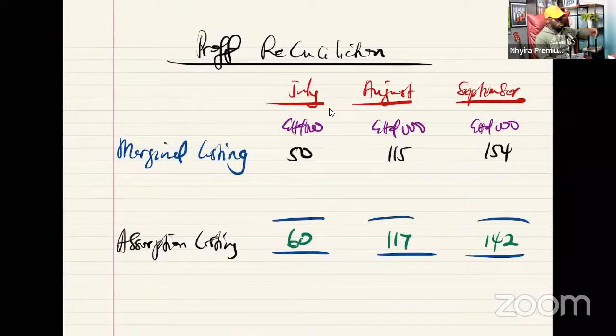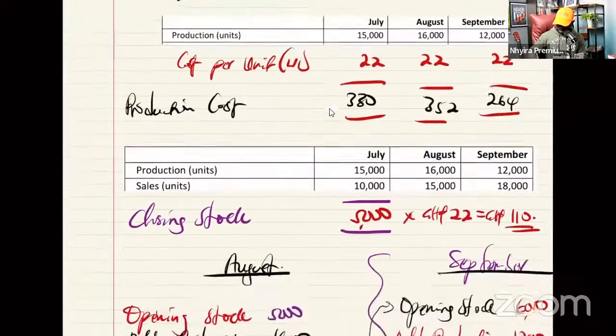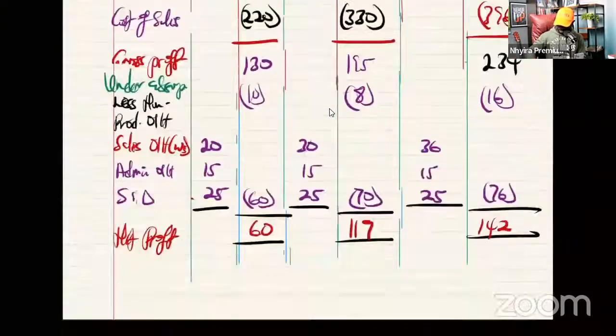So what is going on here? There was under absorption of overheads in either case. So in the A aspect of the question, there was an under absorption of overheads of, what was it?